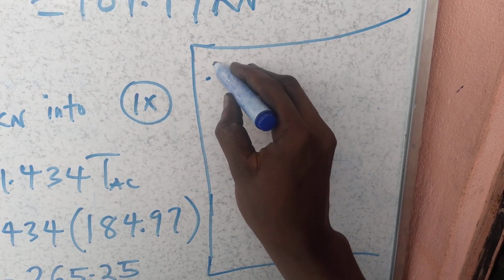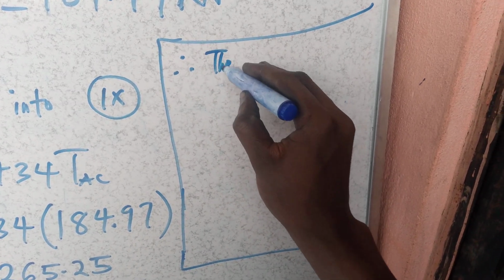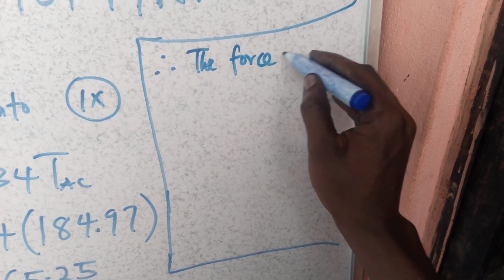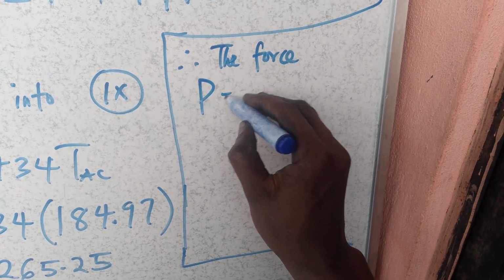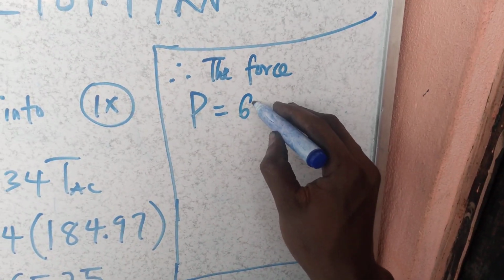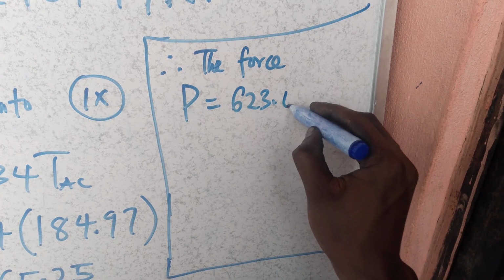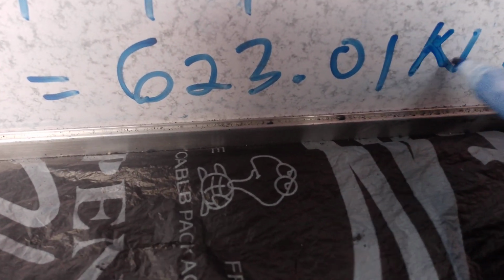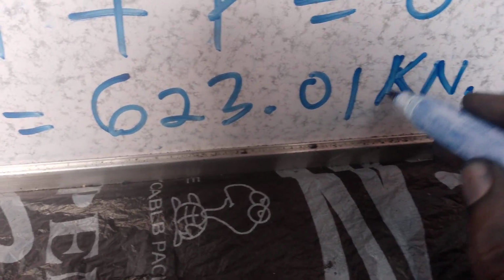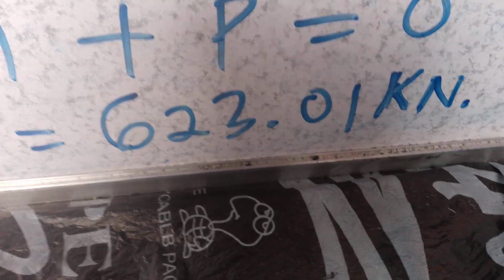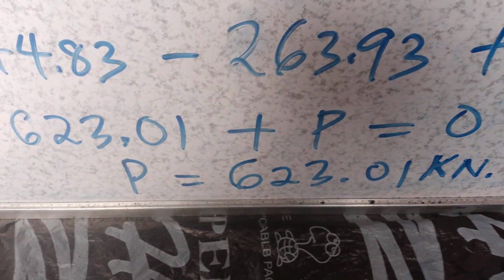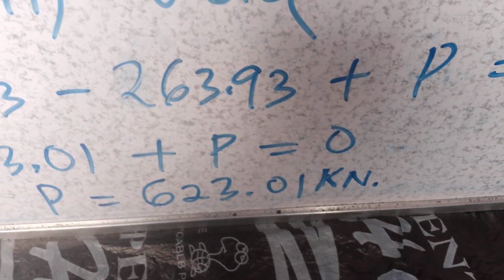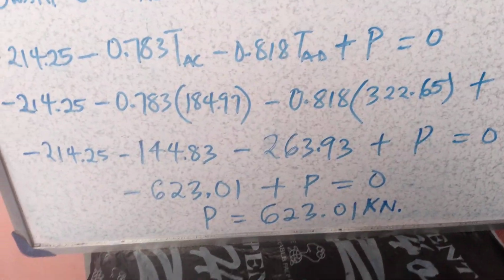Therefore, the force P is equal to 623.01 kilonewton.